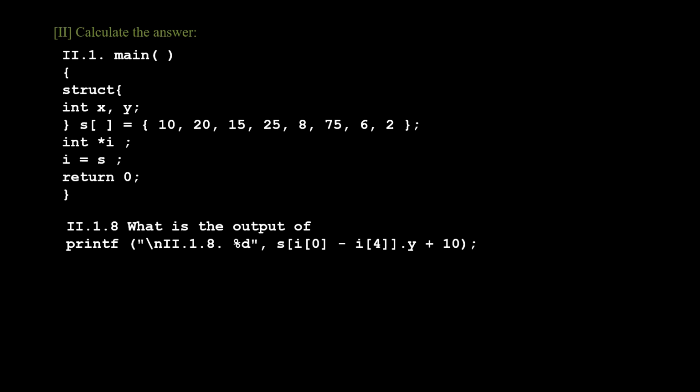Okay, let's see the answer. Answer is 85. So let's see how it is 85. I[0] is 10, I[4] is 8. So 10 minus 8 is 2, and s[2].y is 75, and 75 plus 10 would become 85.